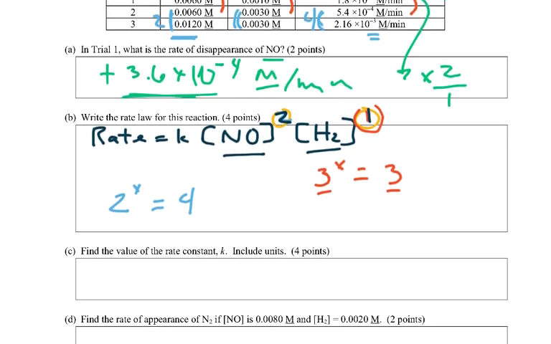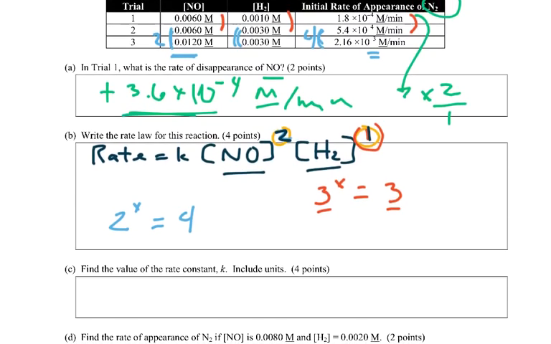Now I need to find the rate constant and include my units. So I'm just going to go back and solve for K. So K is equal to the rate divided by the concentration of NO to the second power, don't forget that, and the concentration of H2 to the first power. So I'm going to substitute some numbers, and I'll just take trial 1.